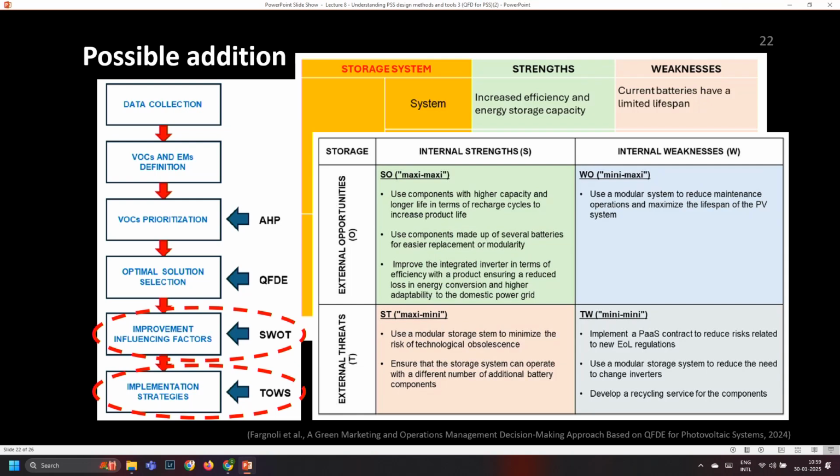So with this example, I wanted to share with you QFD variants. QFD for PSS is one of them. It can be combined with other methods, which include strategic decision support tools, and so on.